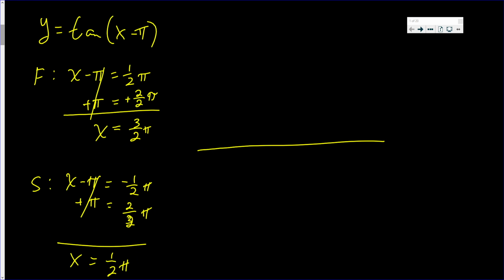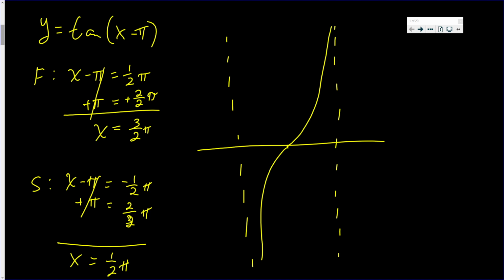Okay, so the first thing you do is you graph the tan x graph. It goes like this. I start at a half pi and finish at 1.5 pi. What's in between a half and 1.5? 2 halves, or pi.